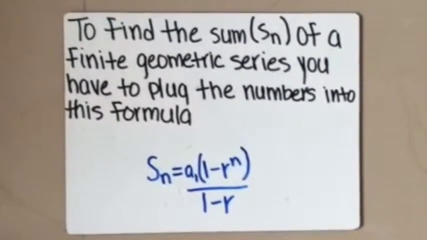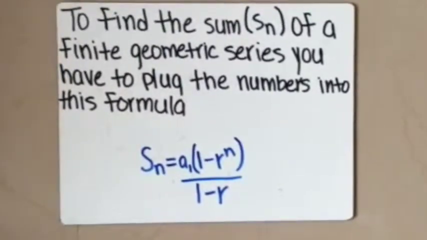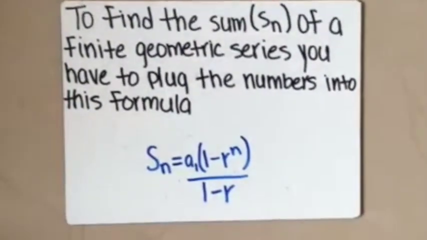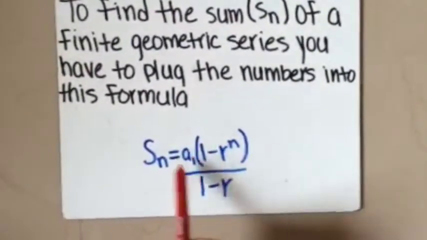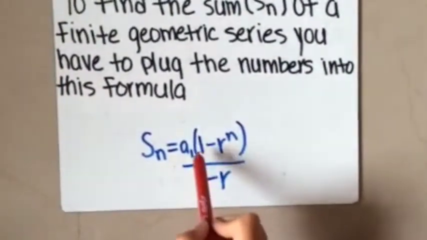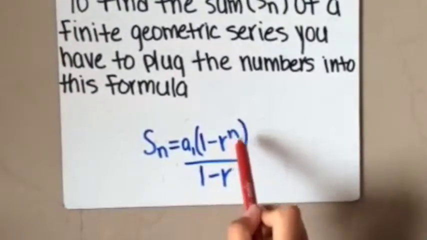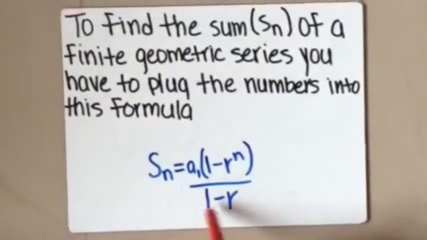To find the sum, Sn, of a finite geometric series, you plug the numbers into this formula: Sn equals a1 times (1 minus r to the power of n) divided by 1 minus r.